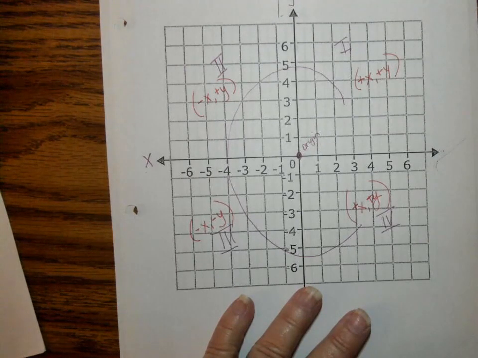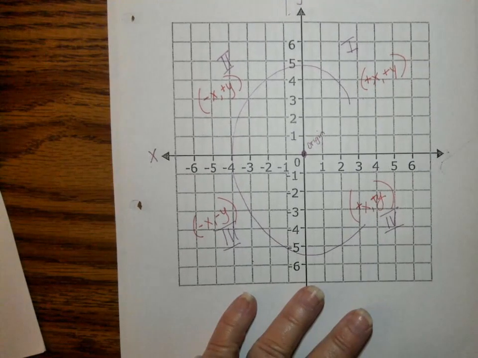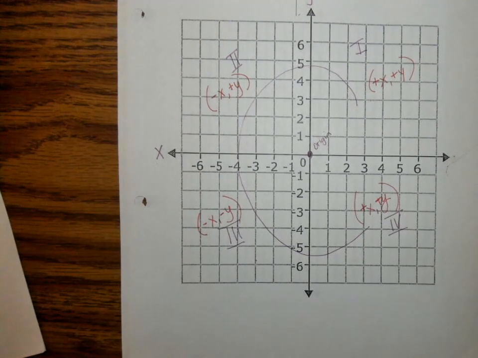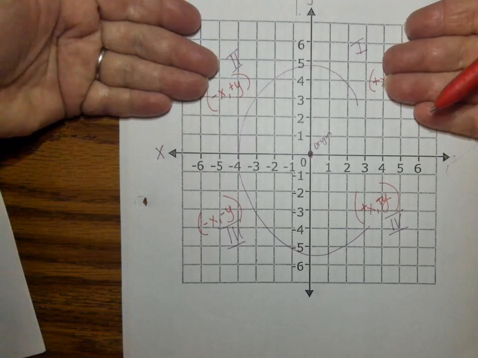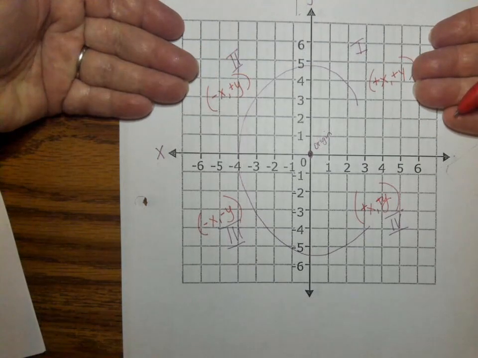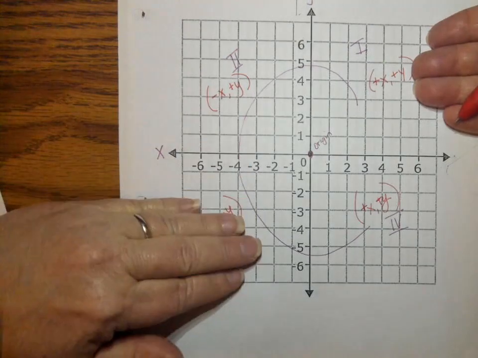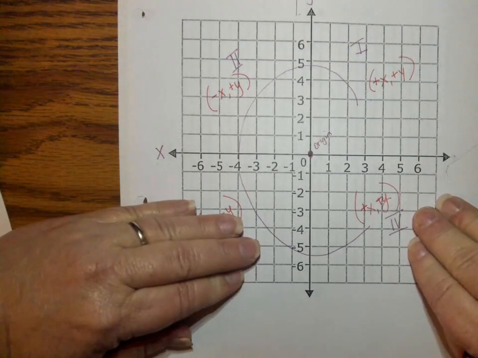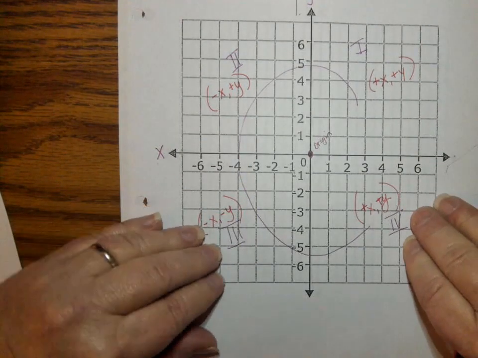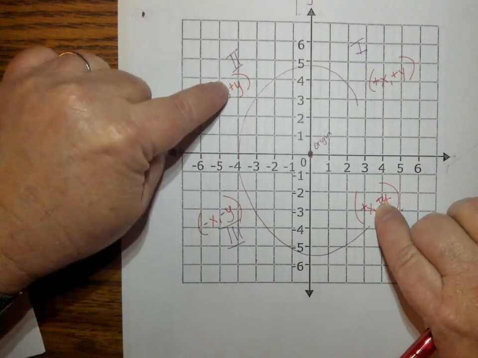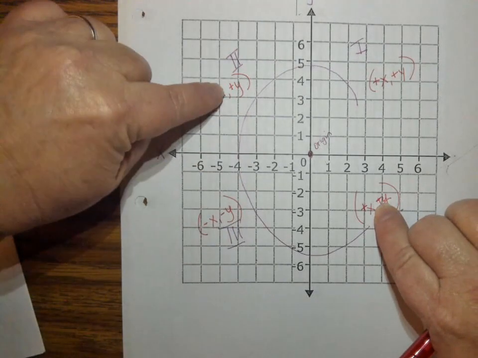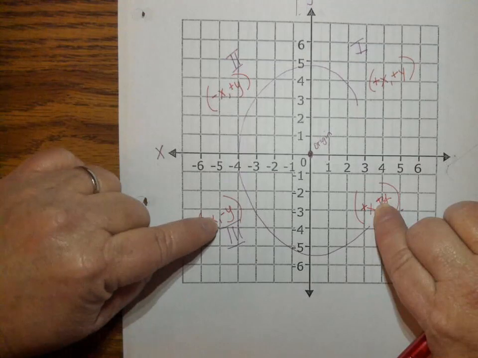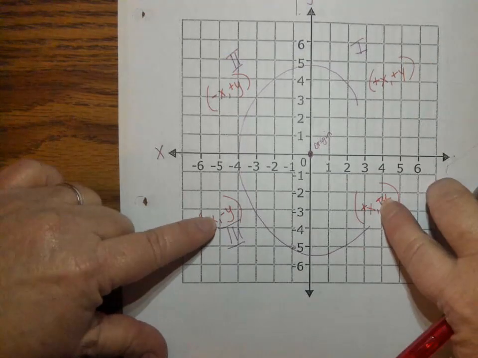Now, why this rule works for reflections, okay? If I'm in either one of these quadrants and I reflect over the x-axis, so over the x changes the value of the y. Do you see how it went from positive to negative here? It went from positive to negative here.